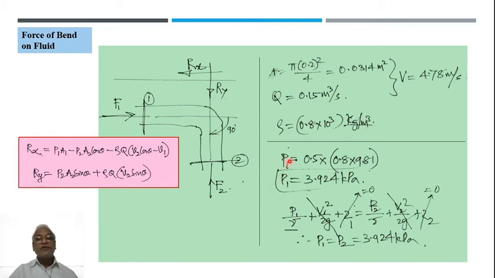Now the pressure P1, they might have given the pressure head, gamma H, as 0.5 meters.